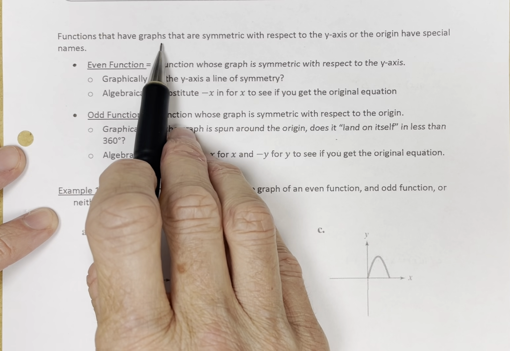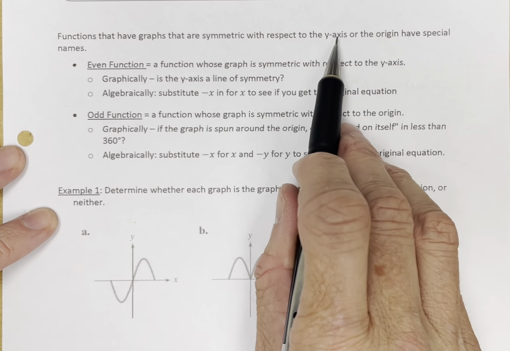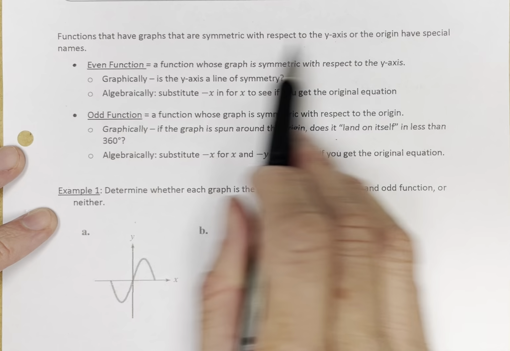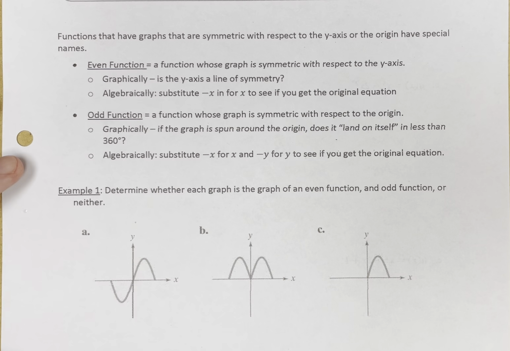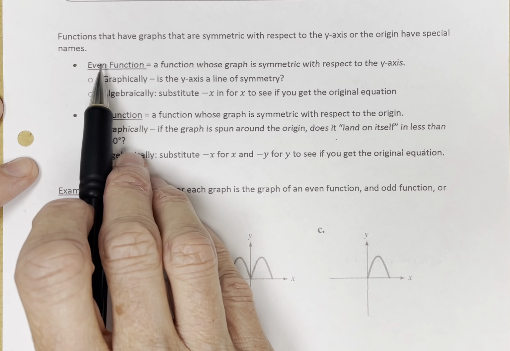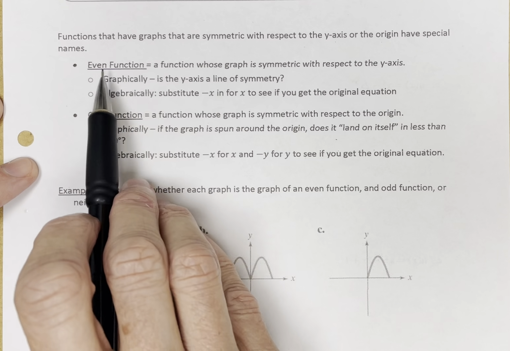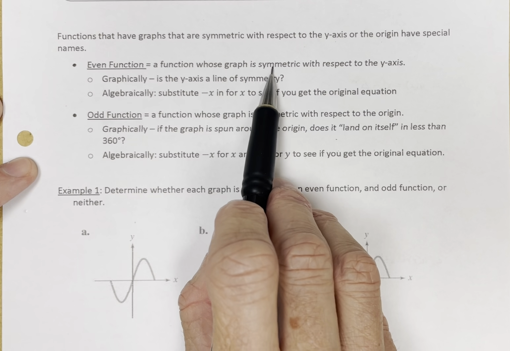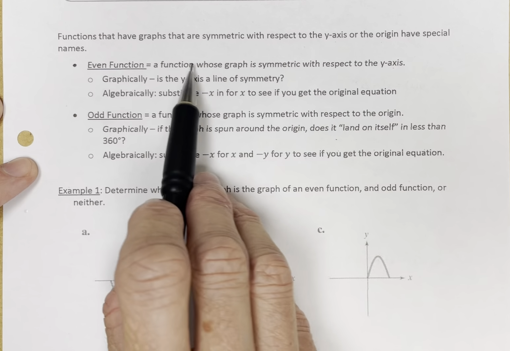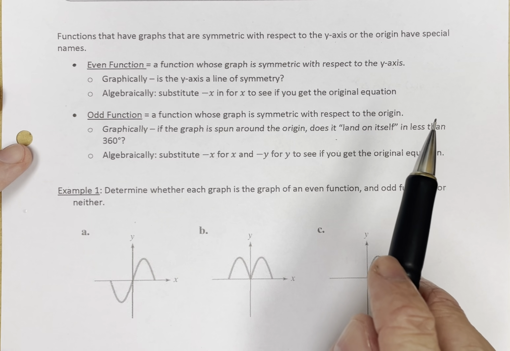Functions that have graphs that are symmetric with respect to the y-axis or the origin have special names. Okay, well, an even function: if it's a function that is symmetric with respect to the y-axis, it's called an even function.